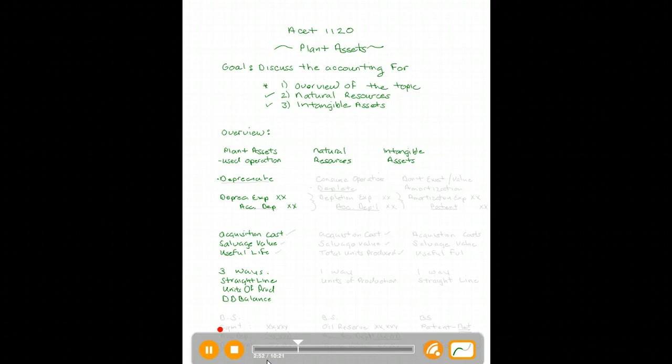And these were shown on the balance sheet when it was all said and done under long-term assets, and we listed our equipment or whatever it happened to be, and then we listed its accumulated depreciation, subtracted that off, and we showed it at its book value. So we had equipment at its cost. We subtracted from it accumulated depreciation.